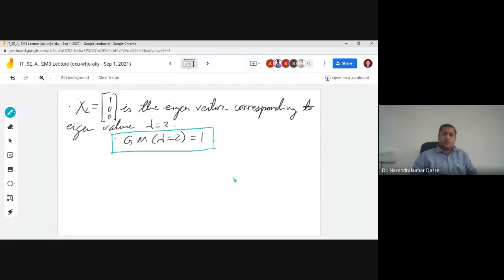So the condition for diagonalizability is that the algebraic multiplicity and the geometric multiplicity of every eigenvalue must be the same. In this case, they are equal for lambda is equal to 1.